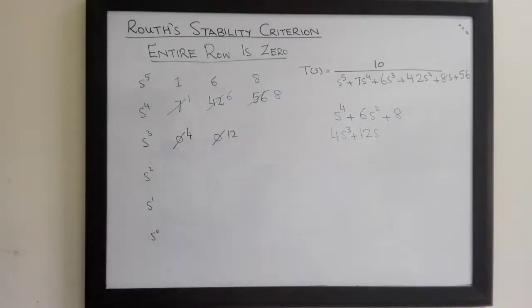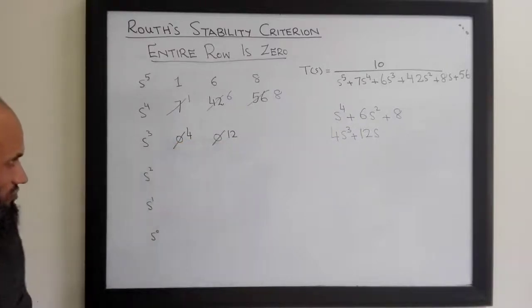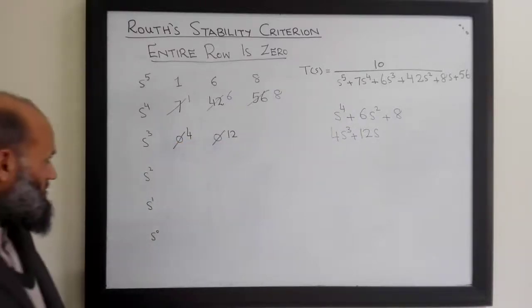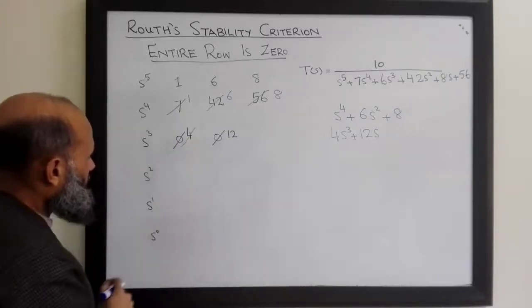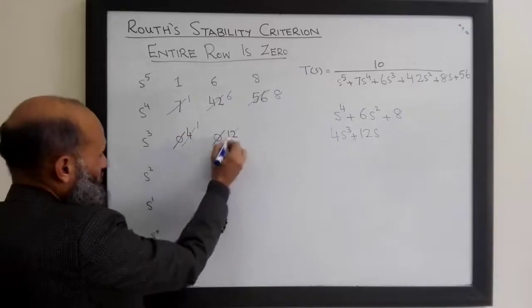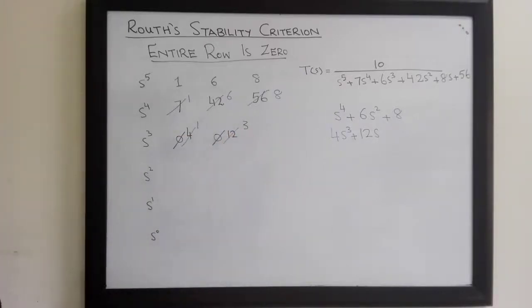Now again we can multiply this entire row with some non-zero constant to get smaller numbers. So if I divide the row by 4, I get 1 over here and 3 over here. This will simplify our task.